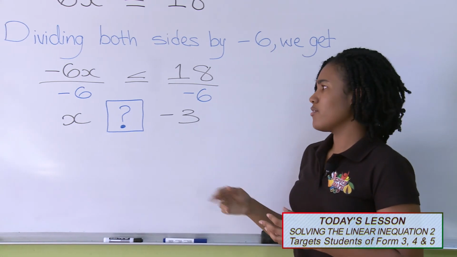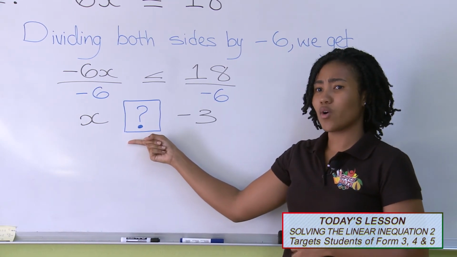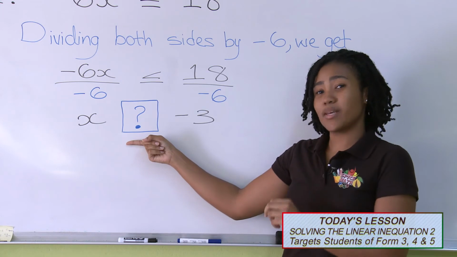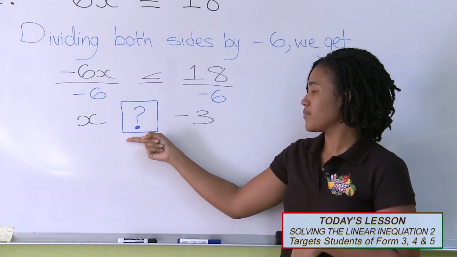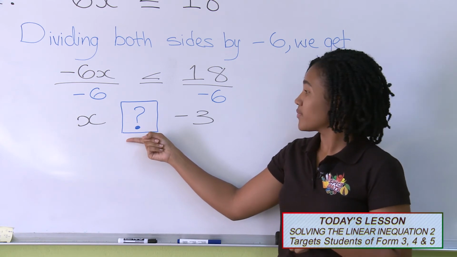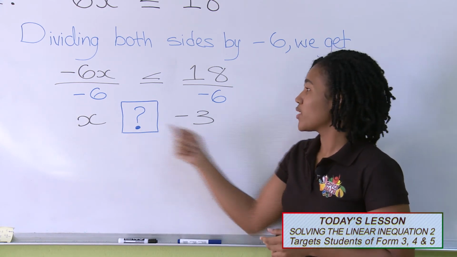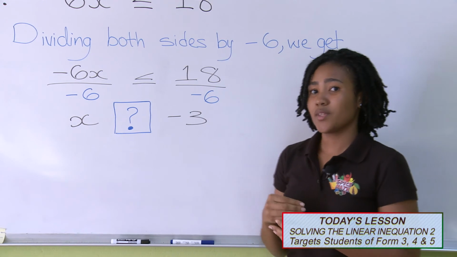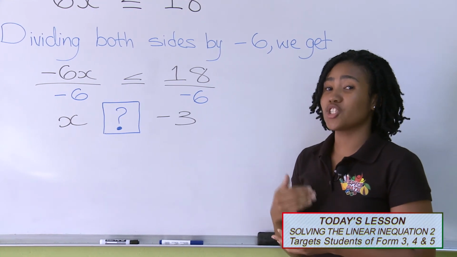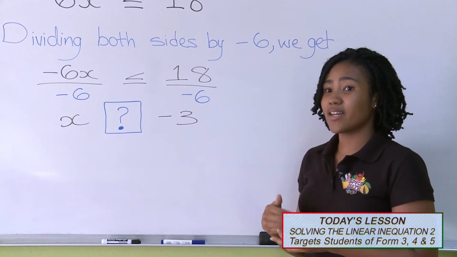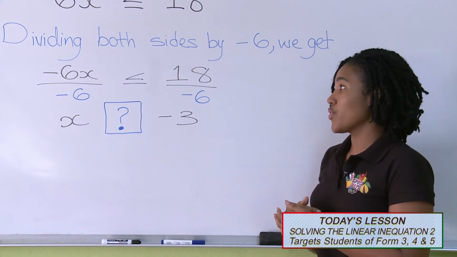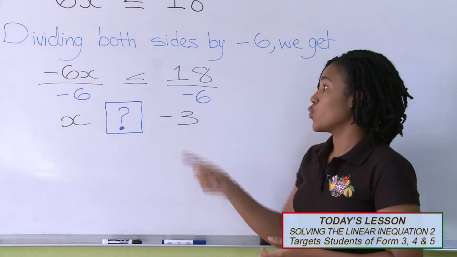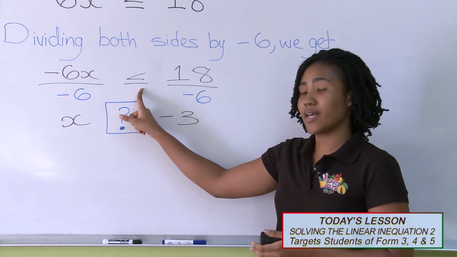Now we reach the point of what sign comes here, or for a better word, what symbol comes here. Think about it. I'm hearing murmuring. That means you're thinking. So remember we said the truth of an inequality is changed when we divide by a negative number. Now, in order to maintain truth, we are required to flip the sign.